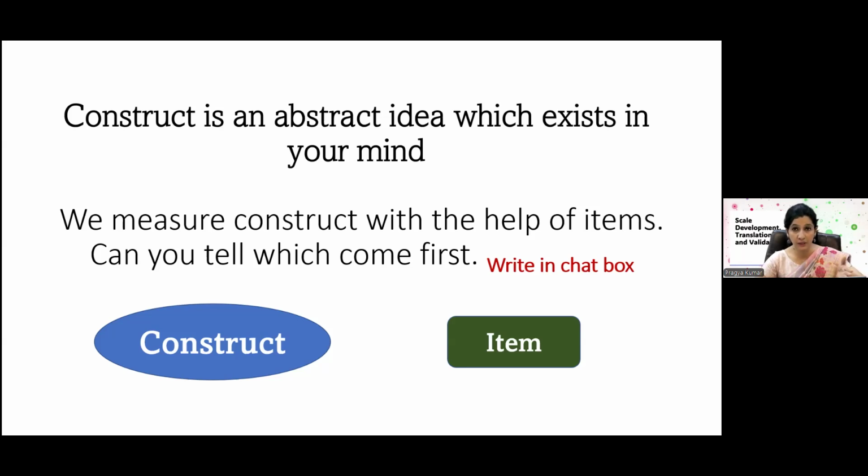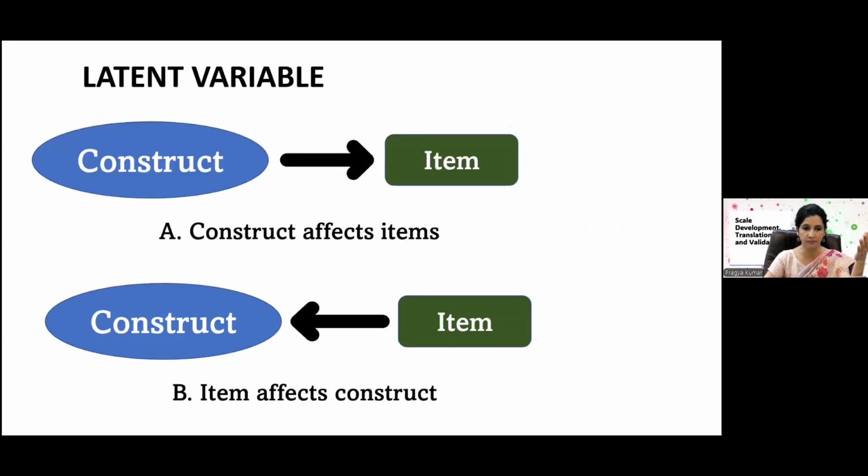Items will come later. So construct is there since our birth, you can say, and we learn these constructs through various exposure, through our family, through society, through social media. The construct is there in our brain. It is there in our psychological domain. And to measure that, we devise item.